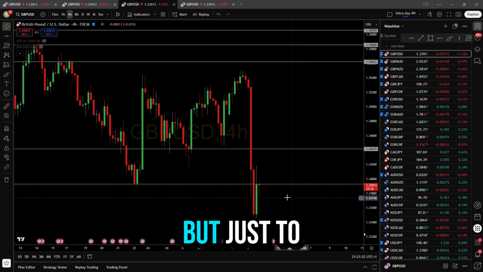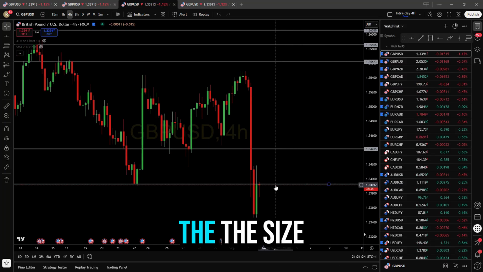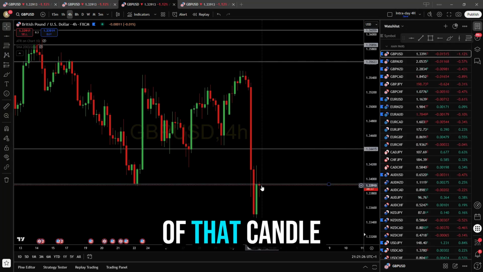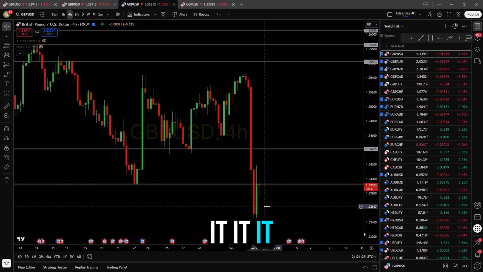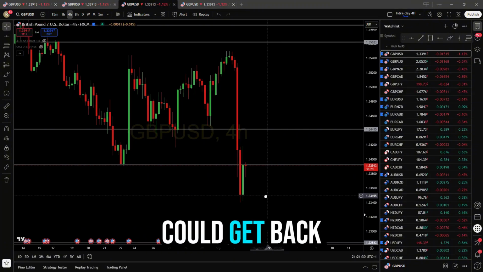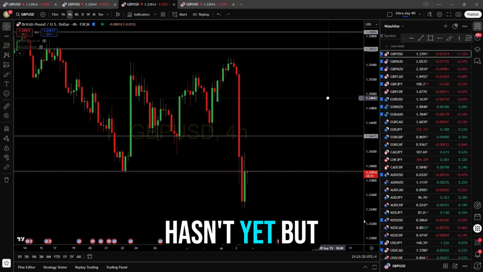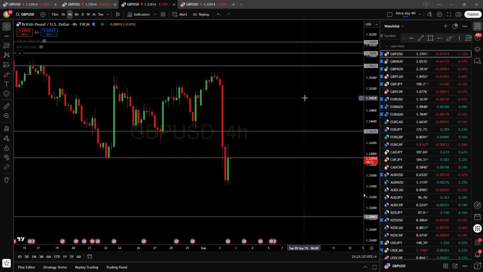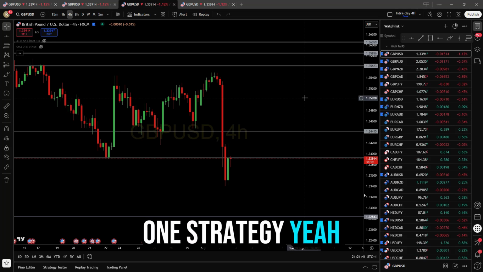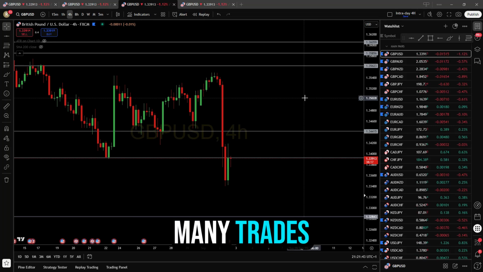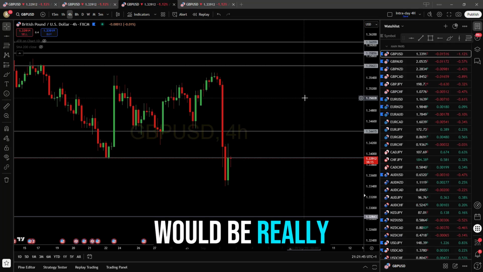I'm still interested in it, but just due to the size of that candle, I didn't think the market could get back down there. It hasn't yet, but if I just traded that one strategy, I probably wouldn't get that many trades, but I know my hit rate would be really good.